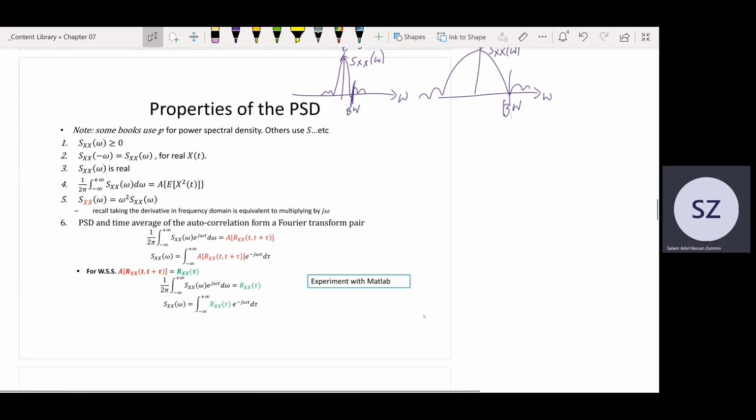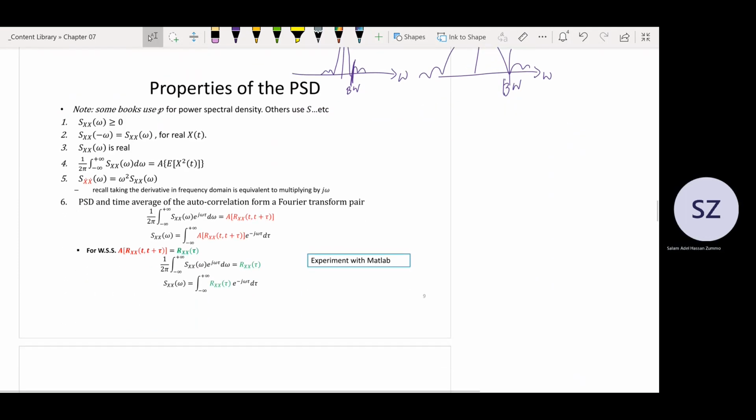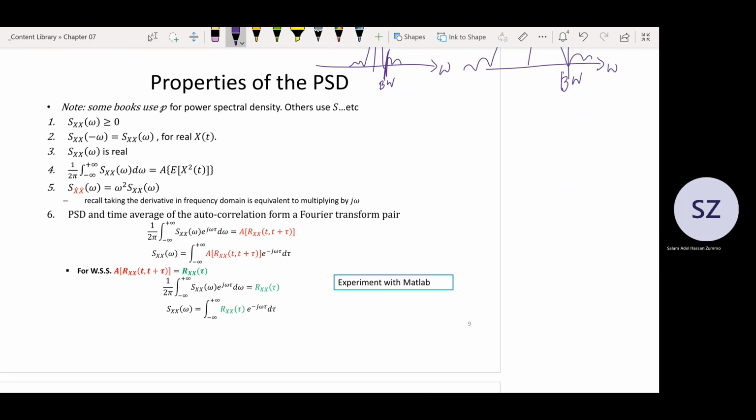Let's talk about properties of the PSD. First of all, the power spectral density is a density function. What does density mean? First of all, it's positive. Density cannot be negative. You can't have a density of minus 1. Density is always positive.